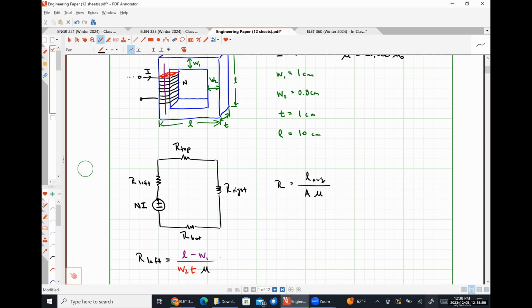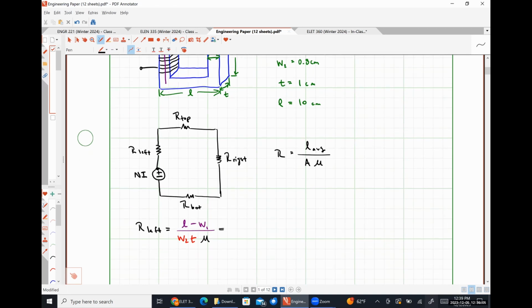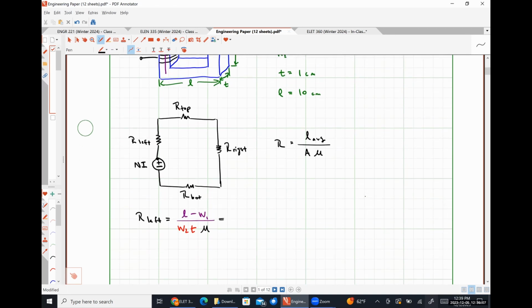So let's throw numbers into this thing. W2 was 0.8 centimeters. T was 1 centimeter.